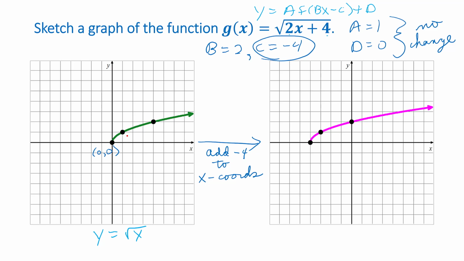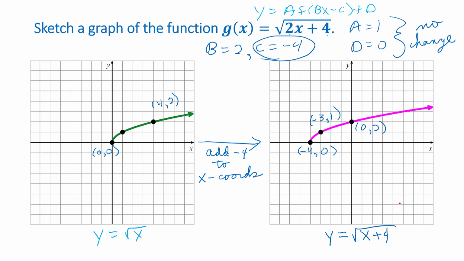That moved to the left 4 units. We added negative 4 to the x-coordinate there to give us the new point, negative 4, 0. For 4, 2, we added negative 4 to that x-coordinate to give us the new point, 0, 2. And 1, 1 becomes negative 3, 1. Okay, so now if we wrote what this function is, it's square root of x plus 4.